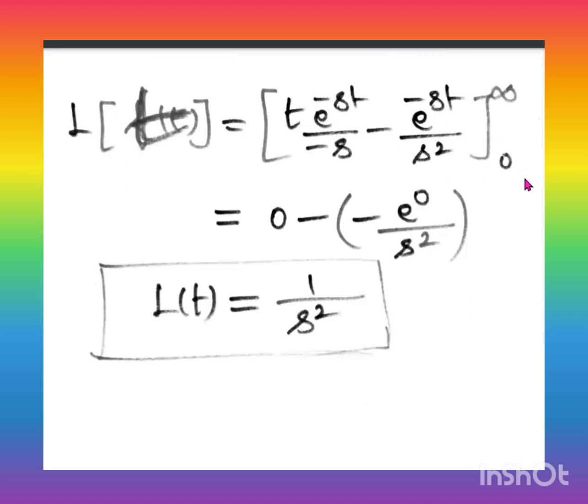If you apply the lower limit, the first term will be 0, the second term will be minus e power 0 divided by s square. So minus of minus, because when you apply the lower limit, there will be another minus sign. So minus of minus e power 0 divided by s square. E power 0 is 1. So 1 by s square. L of t is equal to 1 divided by s square.